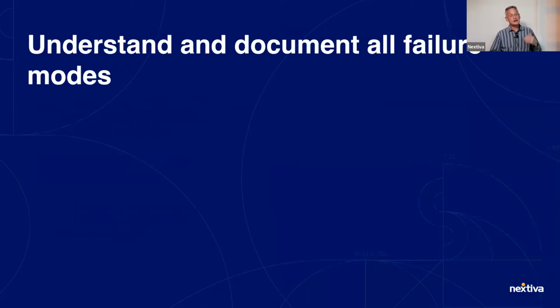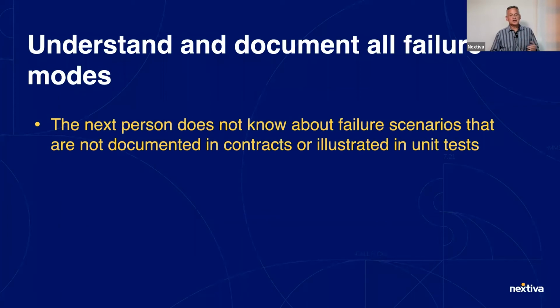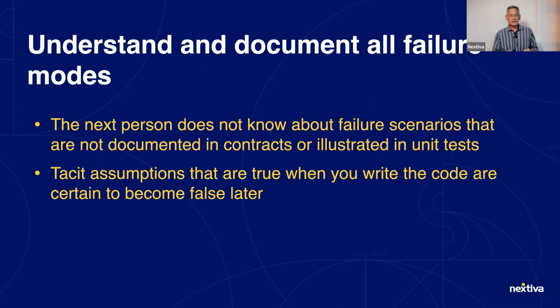Okay, understand and document all failure modes. The next person doesn't know about failure scenarios that aren't documented. And that's another landmine you step on. It wasn't specified anywhere that something bad could happen, and it happens to you, and that's just a terrible thing. It's not safe.